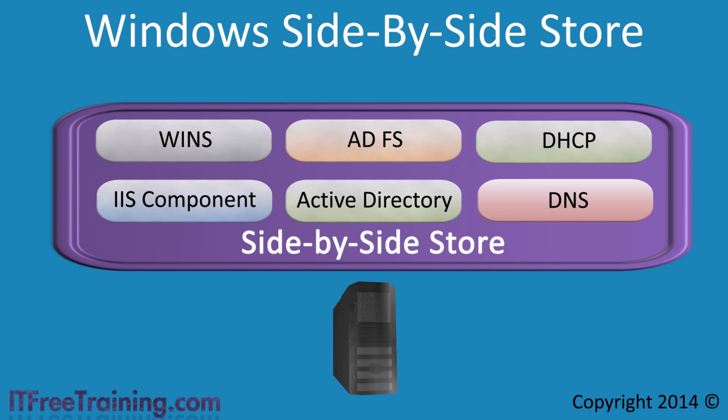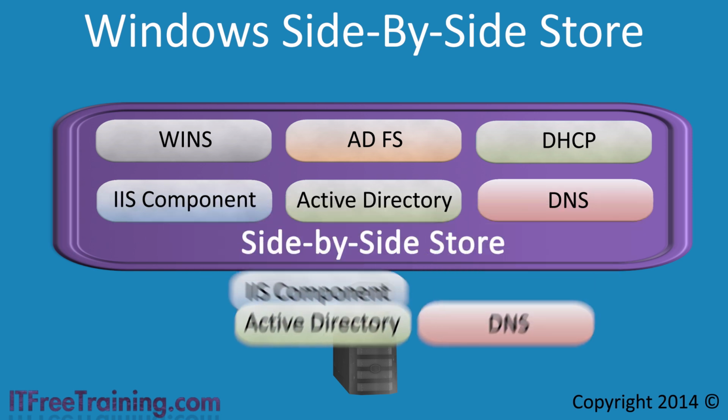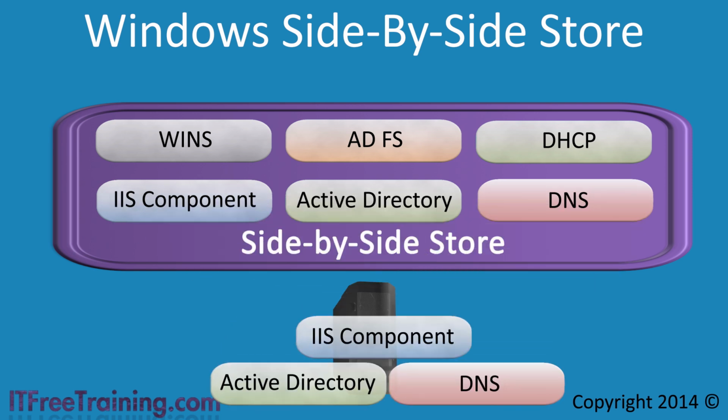The side-by-side store also holds the install files for the payload. As shown, when a role or feature is installed, the required software is accessed by the operating system from the side-by-side store. This makes it easier for the administrator, as they do not have to locate DVDs to add components to the server. So the question arises, since these components are not in use, can they be removed?